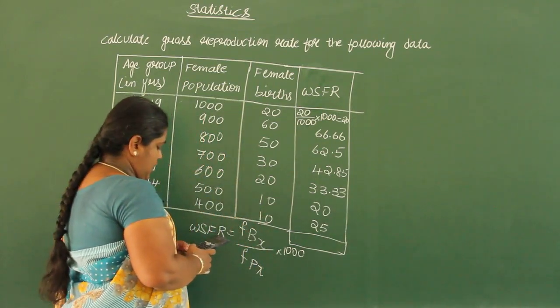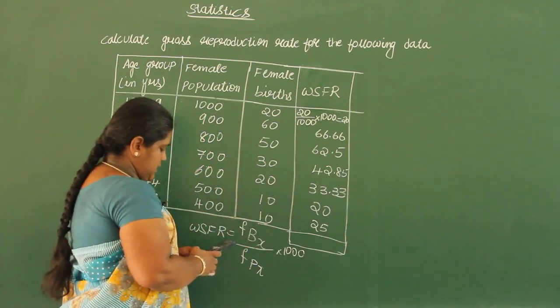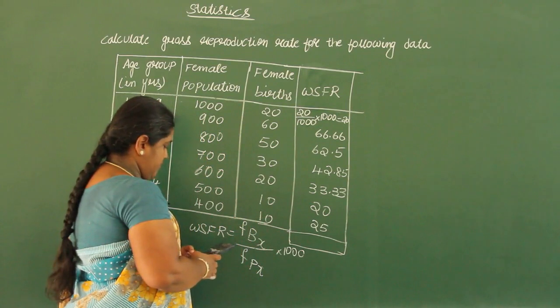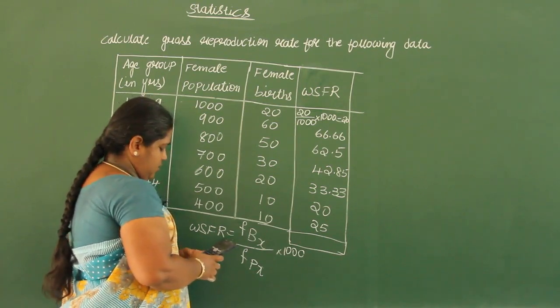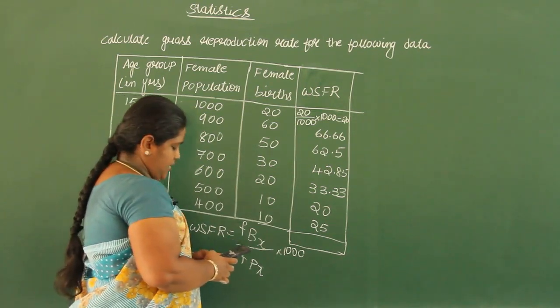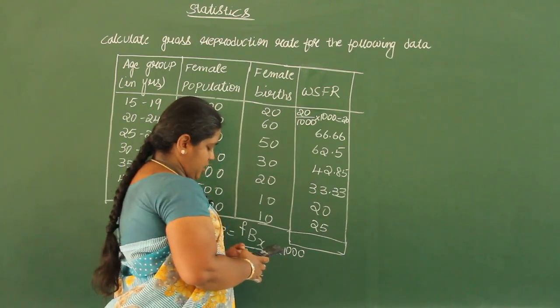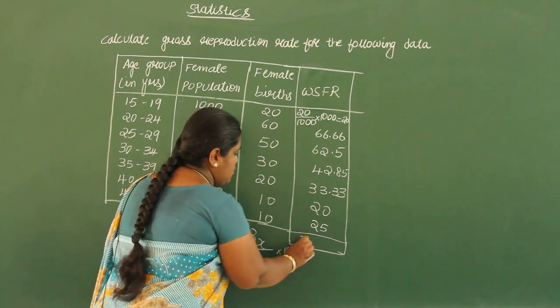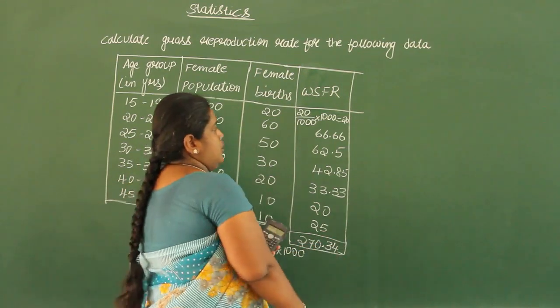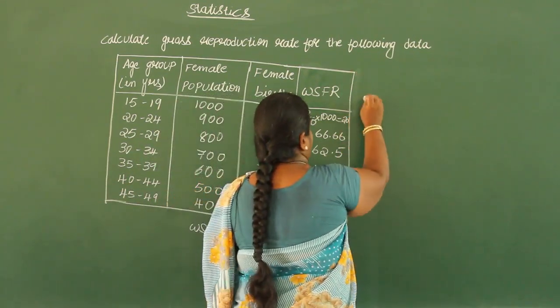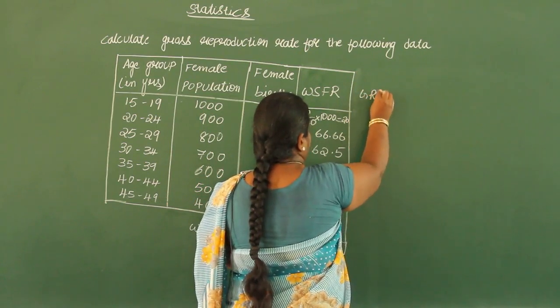It is 20 plus 66.66 plus 62.5 plus 42.85 plus 33.33 plus 20 plus 25, we will get 270.34. Then what is the formula of GRR, gross reproduction rate?